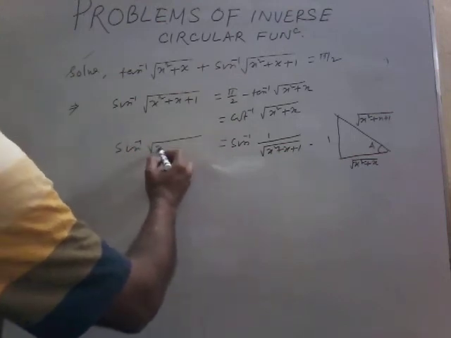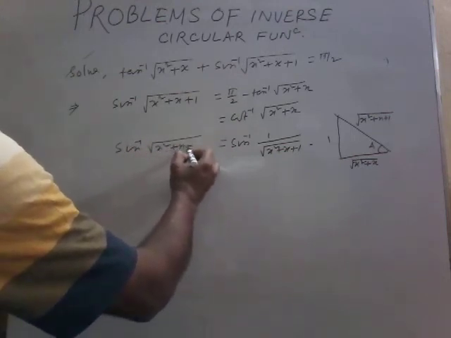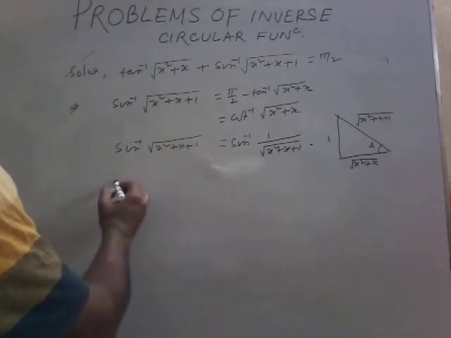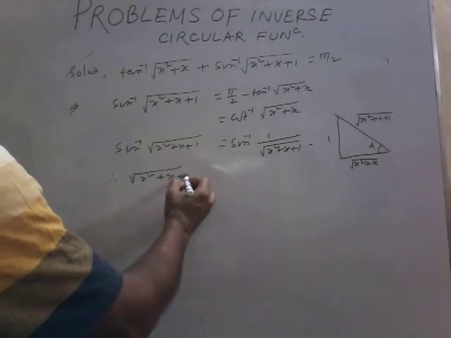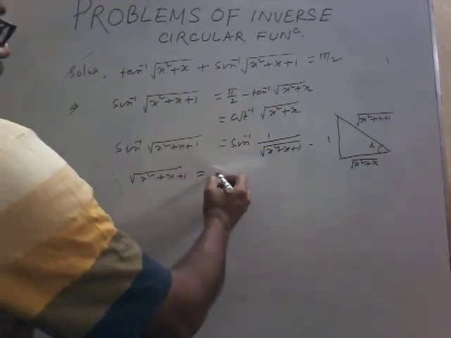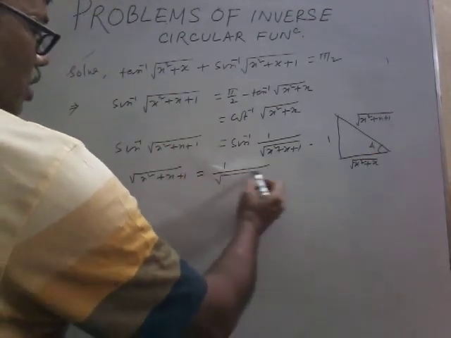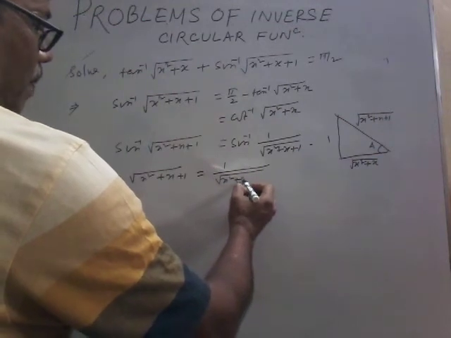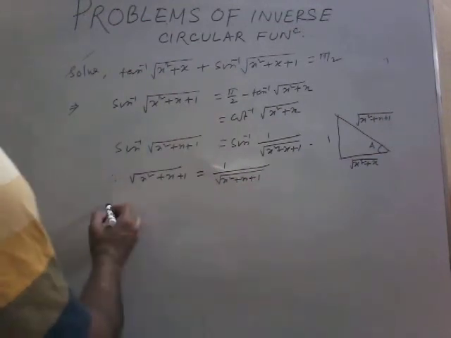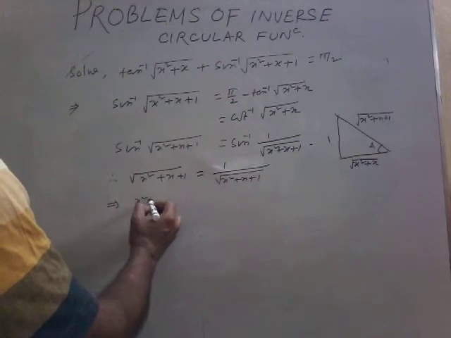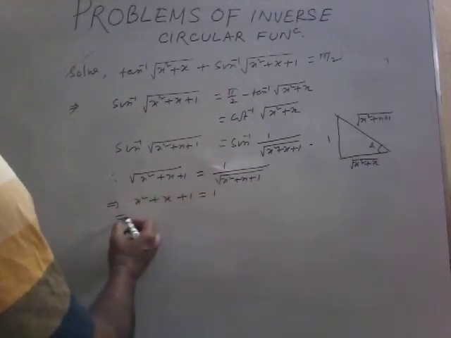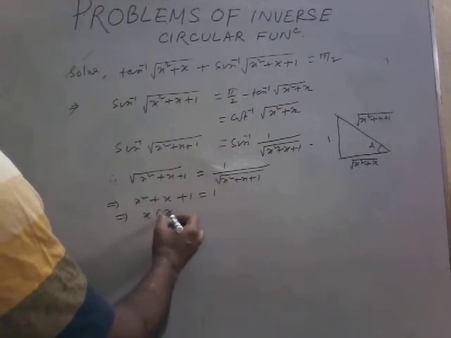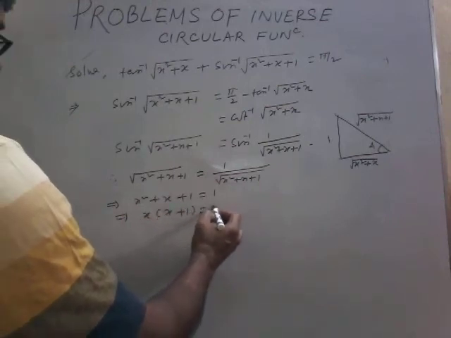So what is the next step? Therefore, root over (x square plus x plus 1) equals 1 by root over (x square plus x plus 1), so x square plus x plus 1 equals 1. x into (x plus 1) equals 0.